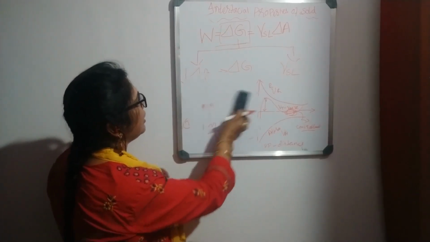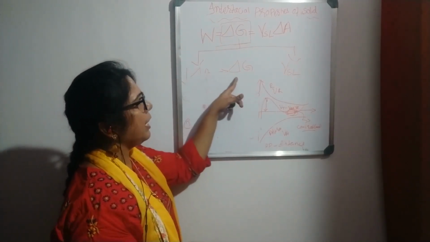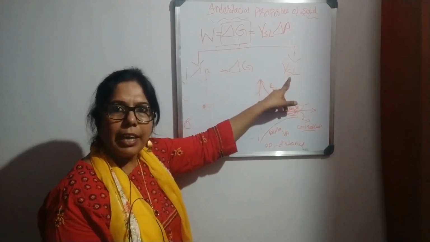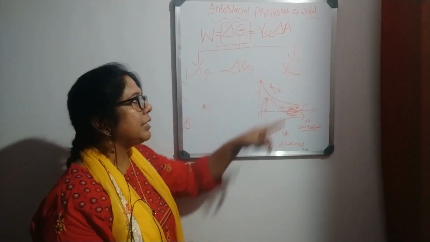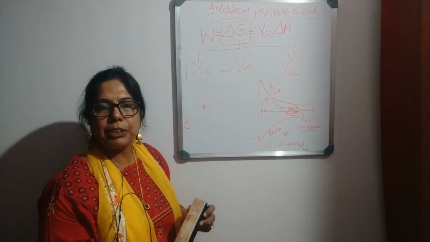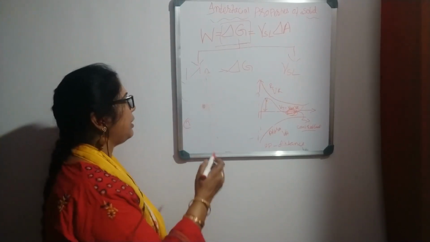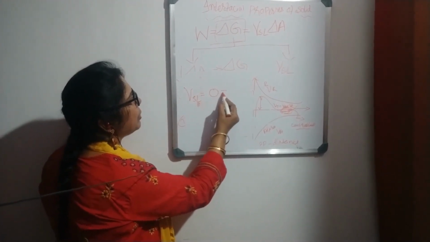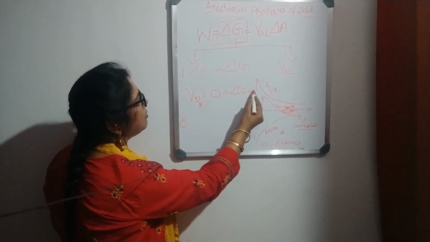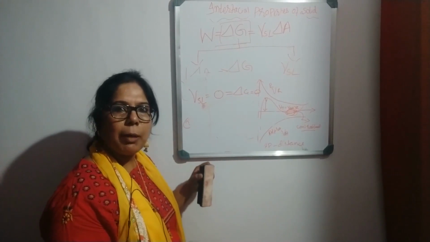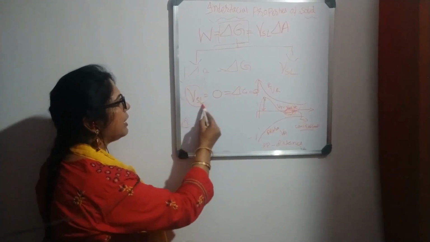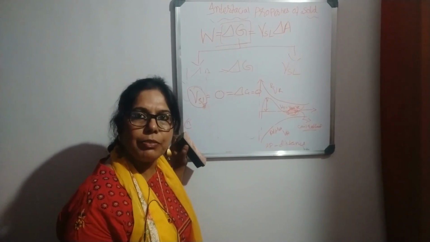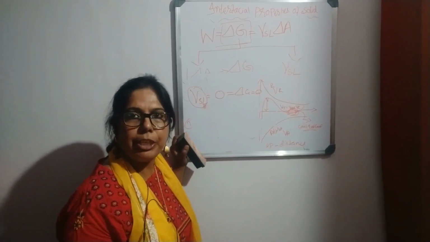So here I have explained delta A and delta G, and how we can achieve them. Now we will come to gamma SL, the interfacial tension between the solid and the liquid medium.